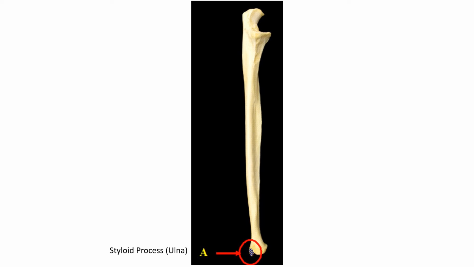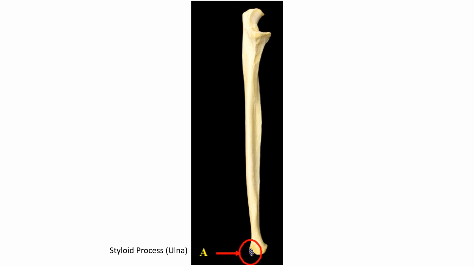Which bone is this? Of course, you know now, it is the ulna. We looked into the features of the upper end, which were the olecranon process, the trochlear notch, the coronoid process, and the radial notch.